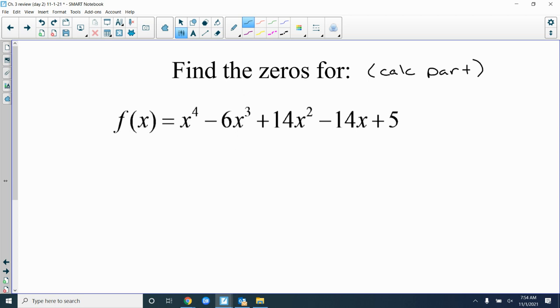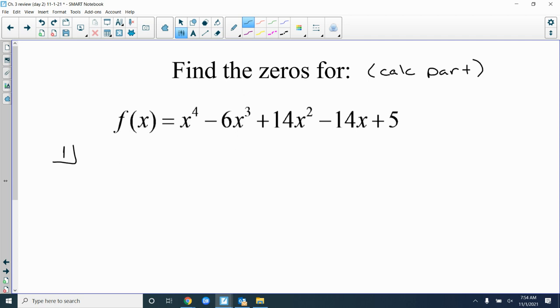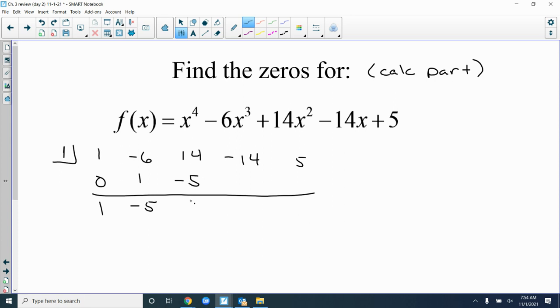So it hits at 1 and it bounces there, correct? That means it has a double root there, so we have to use synthetic division twice. I got 1, negative 6, 14, negative 14, 5, 0, negative 5, 9, negative 5, and 0.